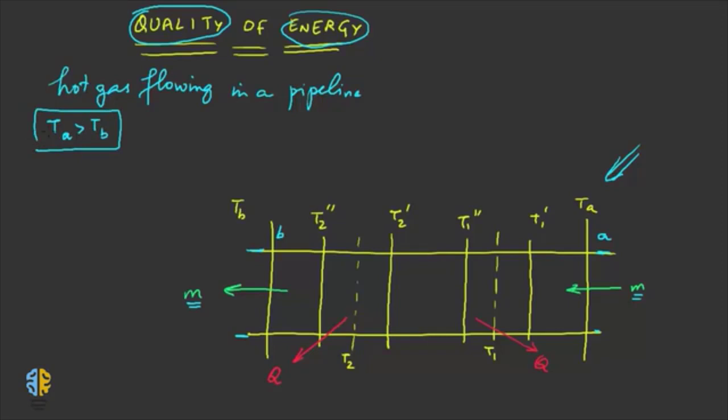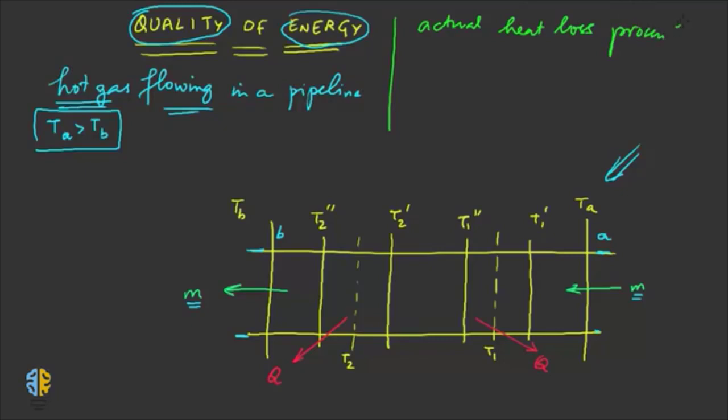Now although the heat loss process from state A to state B is in actual an irreversible process, we will assume it to be a reversible isobaric path, because we don't want our hot gas inside the pipeline to lose any pressure.